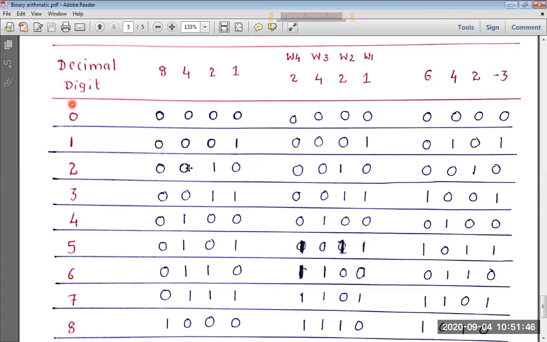But if you use a computer or a digital system, if you build some circuit which is digital, such systems don't count like 0, 1, 2, 3, 4, 5, 6, because they are built of transistors.